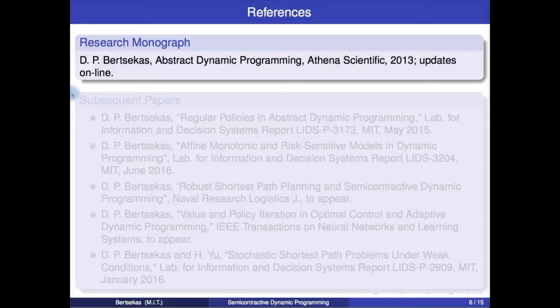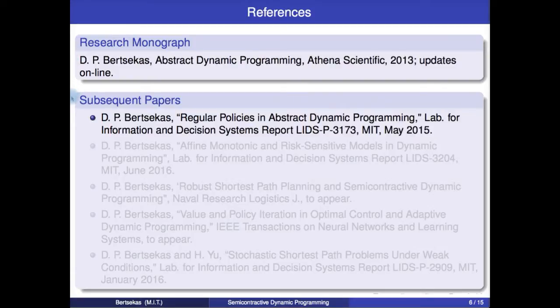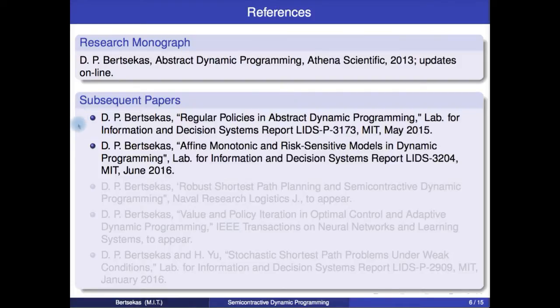Now, this research, in greater detail, in fact, is contained in a series of papers. This paper here provides an extension of the notion of regular policies. It's a theoretical paper that also affects some of the material in Chapter 4 in this research monograph.